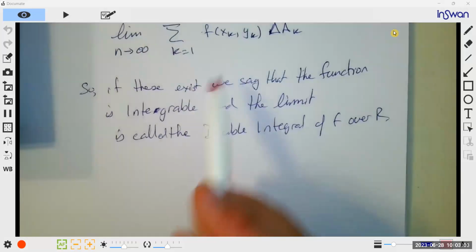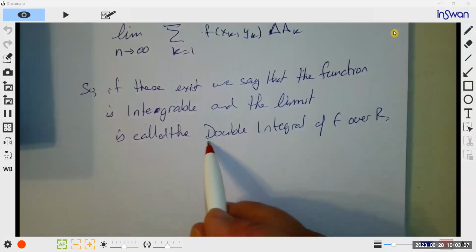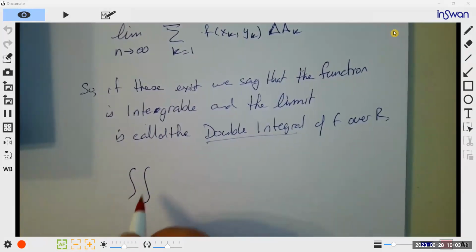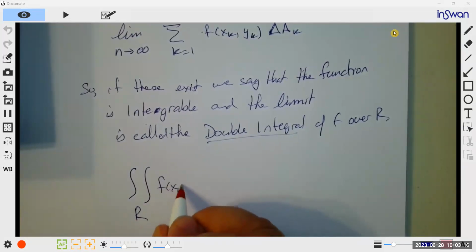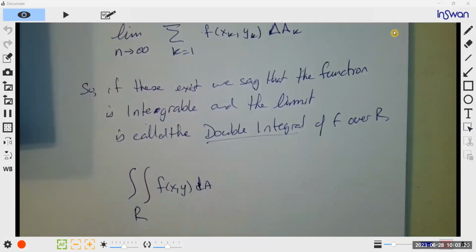So if all of this stuff exists, then we say it's integrable, and the limit is called the double integral of f. So in other words, it looks like this. It's over the region of our function xy times the change in area.